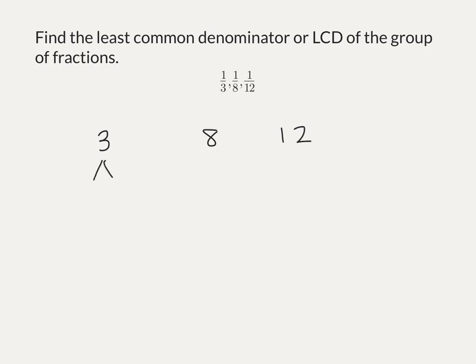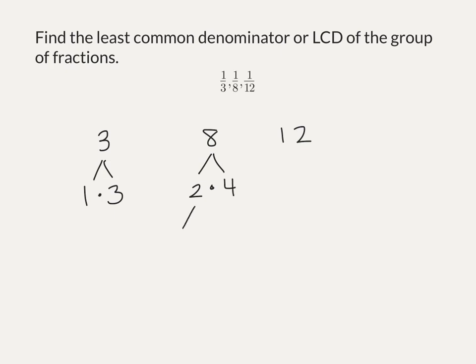So with the number 3, what times what equals 3 is 1 times 3. And each one of these factors is prime. Now if we look at 8, we want to list two numbers that when multiplied together give me 8. So I know 2 times 4 gives me 8.